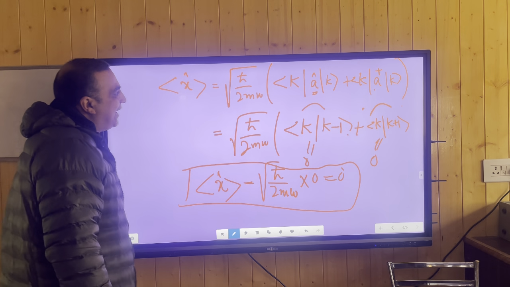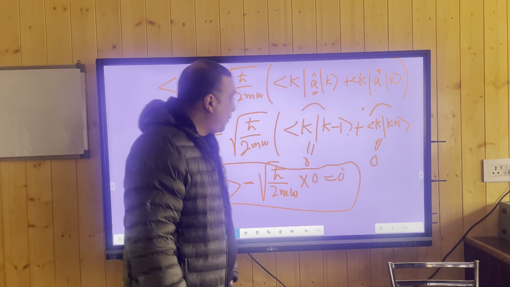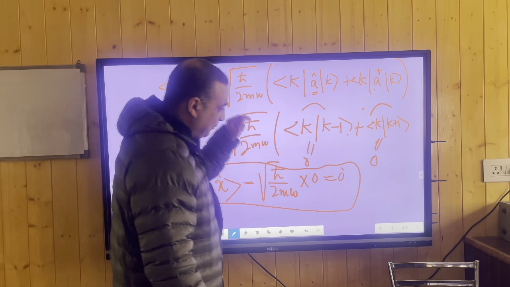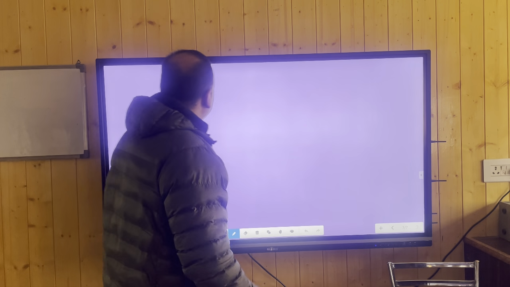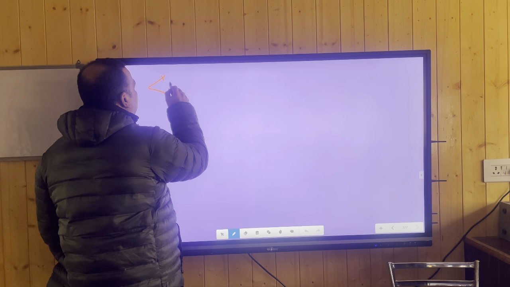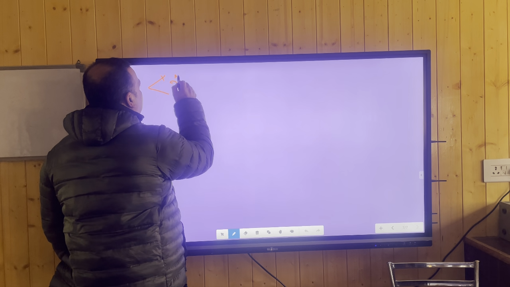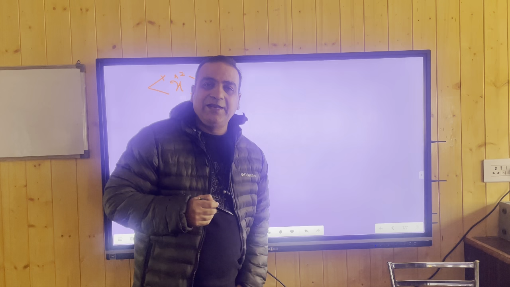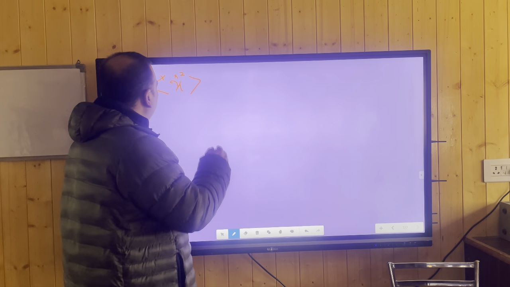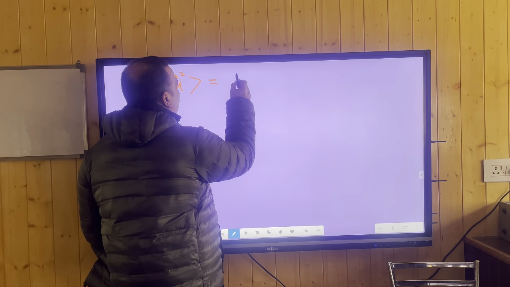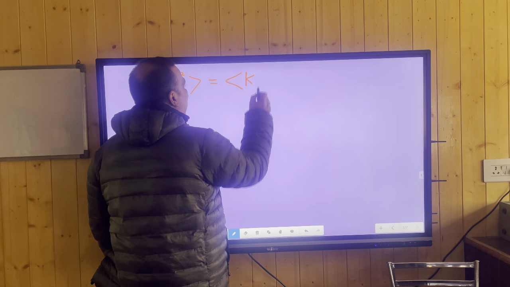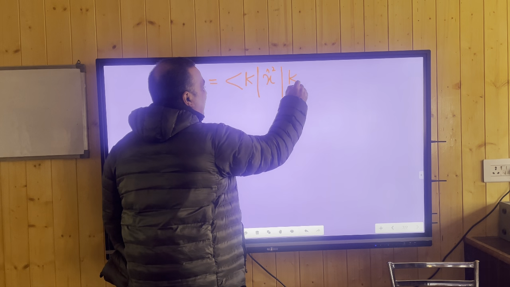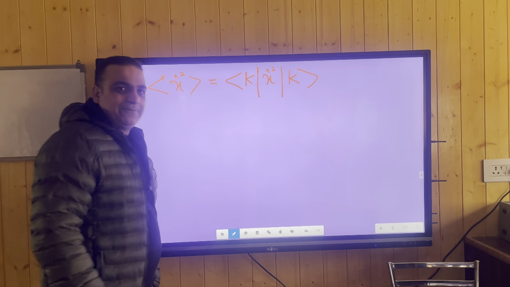Now we would like to evaluate the next part, and in the next part, what we would like to calculate is the expectation of the square of this position. So let's go with that. Now we want to calculate the square of this position operator. That will be written as k, then x square, then k.